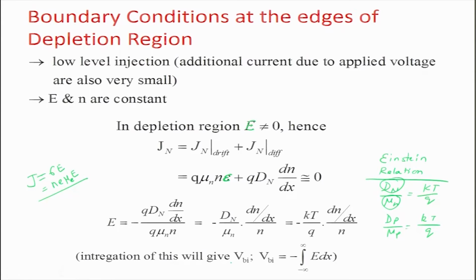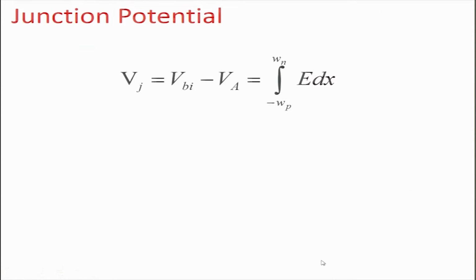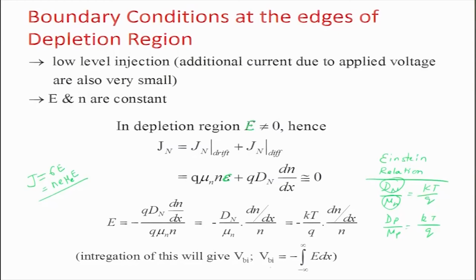If you integrate this electric field from minus infinity to plus infinity, you will get the built-in potential, basically, right.